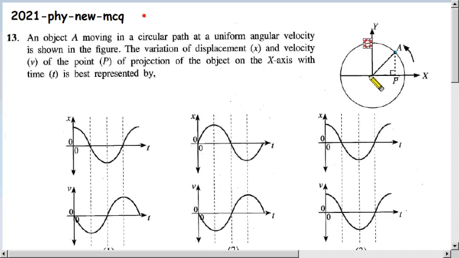So point P is also moving. My pen is moving. Always I am keeping my pen at the projection, at the projection point P. So now you see point P is moving, that means the projection is moving left.